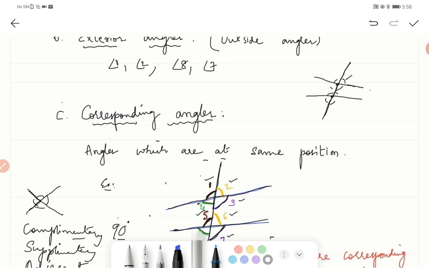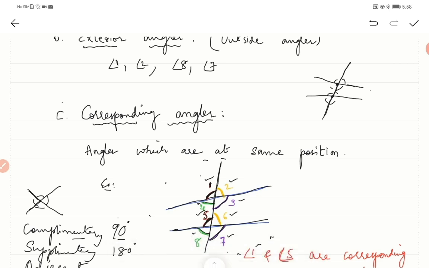Same position means, I will show you with red. See, this one is at the position where this transversal line is cutting on the upper side, right? In the similar way, this angle and this angle, you can say they are at the same position, isn't it?